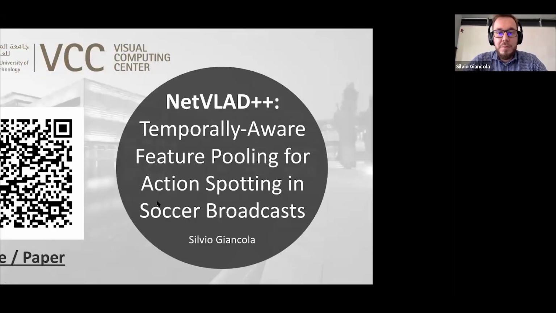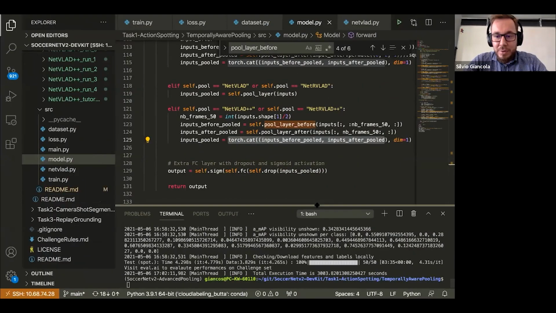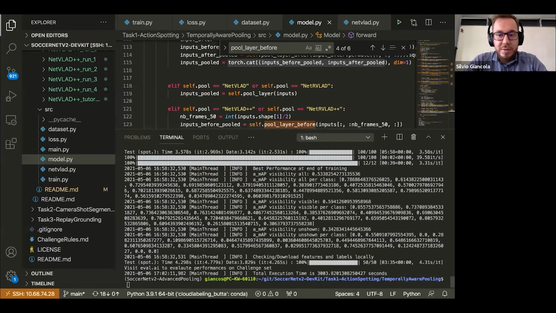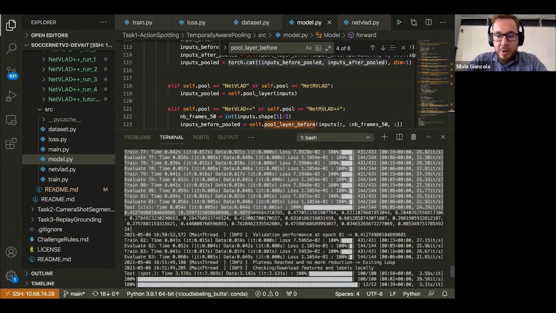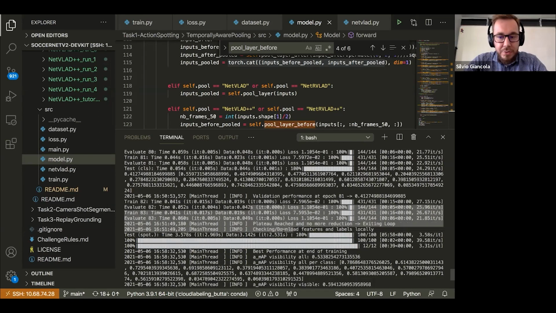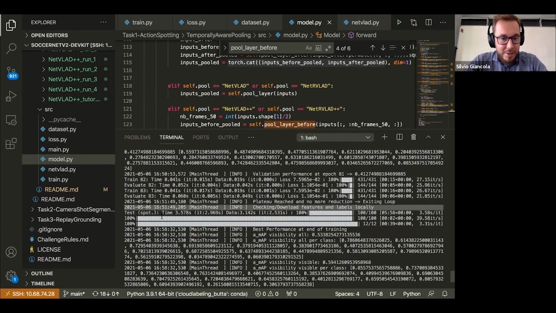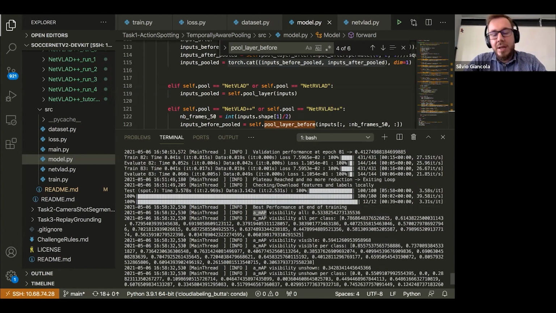So maybe before anything, I will look at my code. Okay, so it was training for 81 epochs, actually 83, then it stopped. Then it was testing for the spotting, and it was evaluating at the end of the spotting, and the average mAP visible for all the data was actually, as I mentioned before, 53.38.